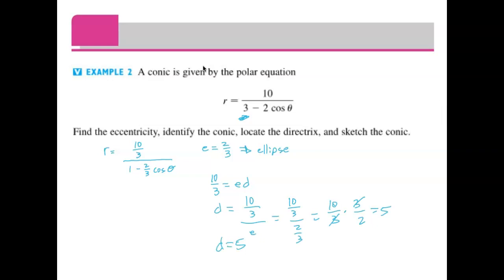And then the other thing we can identify is that since we have a minus in the denominator, the subtraction always means that the directrix is either to the left of the origin, or if it's a vertically opening conic, it's below the origin. So in this case, the directrix should be to the left. So I have my directrix at x equals -5, right?